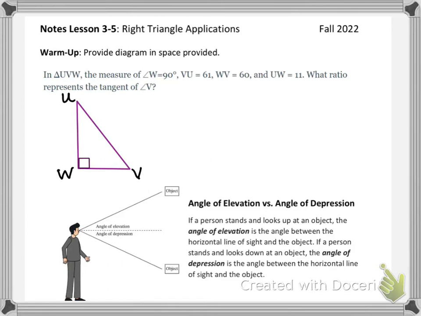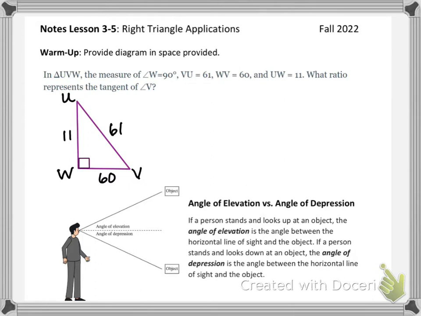VU is going to be 61. WV is going to be 60. And UW is going to be 11. Okay, so now, the first thing you will always do with these types of problems with special right triangles, I want you to get in the habit of labeling your sides with respect to the angle that you are standing at.